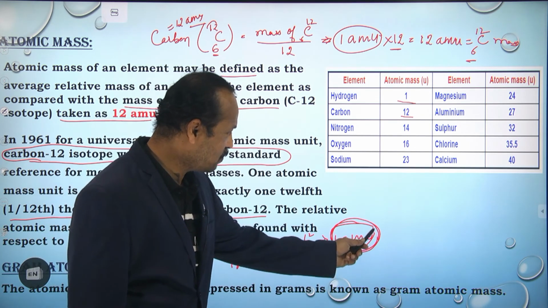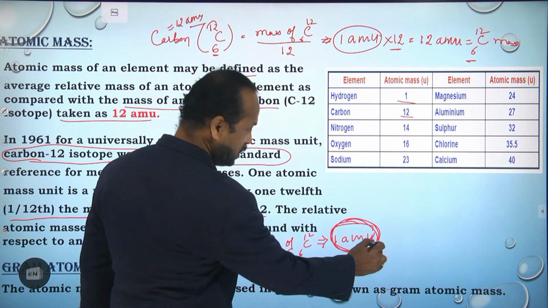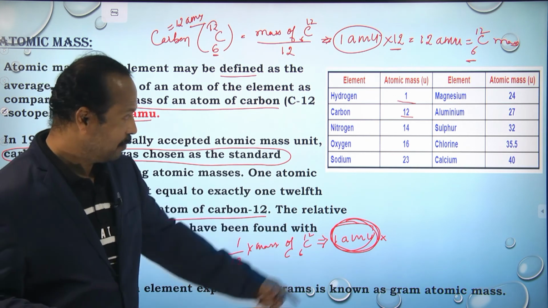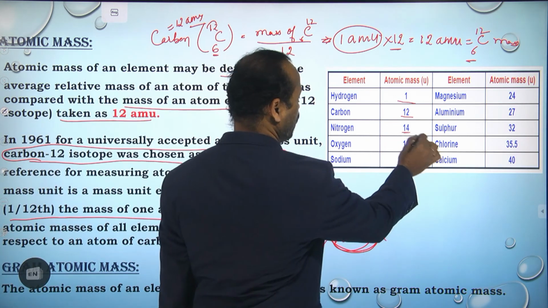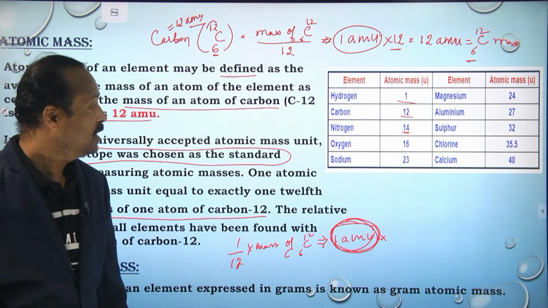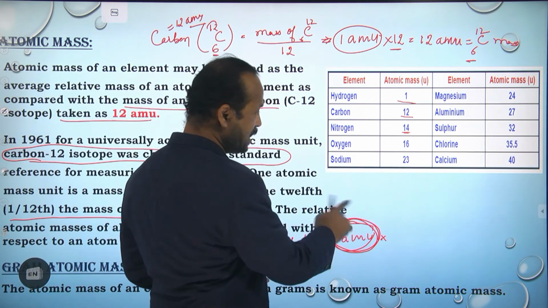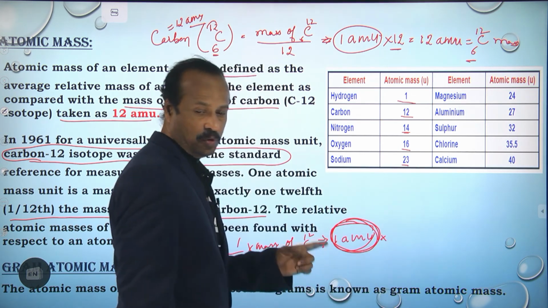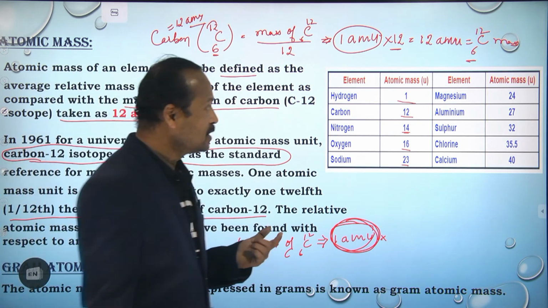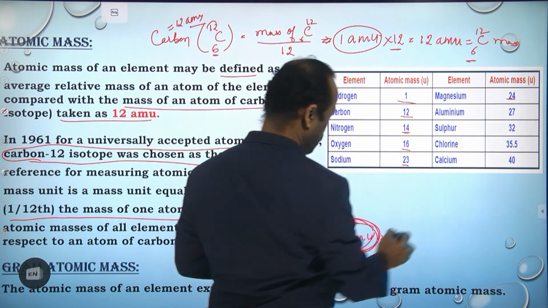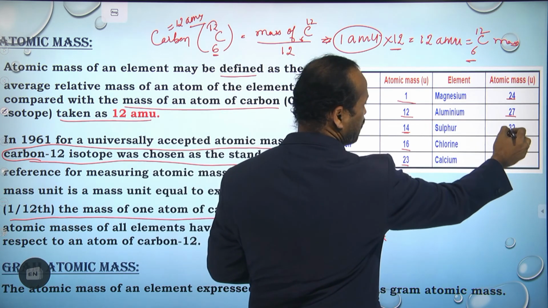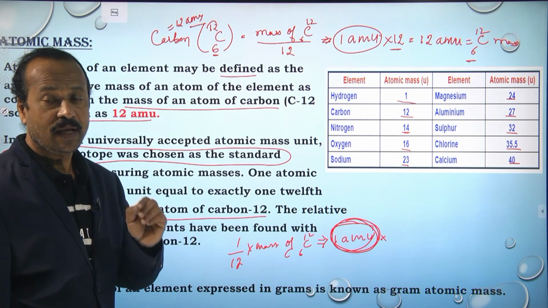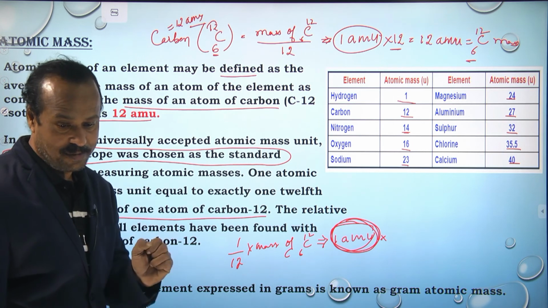When they compared the mass of nitrogen, it is 14 times this 1 AMU, so they gave the mass of nitrogen as 14. Similarly oxygen mass is 16 times AMU, so 16. Sodium mass is 23 times 1 AMU, so it is given as 23. Similarly magnesium 24 times 1 AMU, so 24, 27, 32, 35.5, 40. So like this they gave the atomic masses to all the elements.